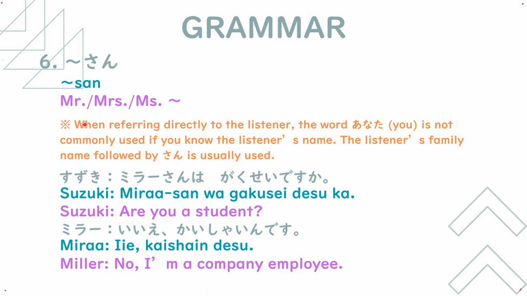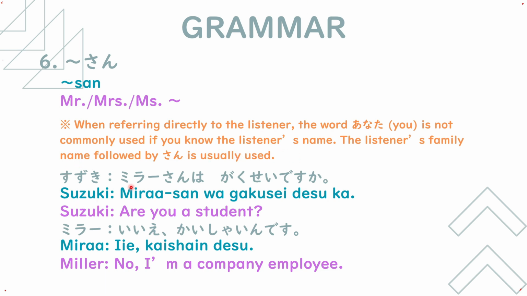And then we have, when referring directly to the listener, okay, the word anata or you is not commonly used if you know the listener's name. If you already know the listener's name, you commonly don't say anata. Okay, the listener's family name followed by san is usually used.